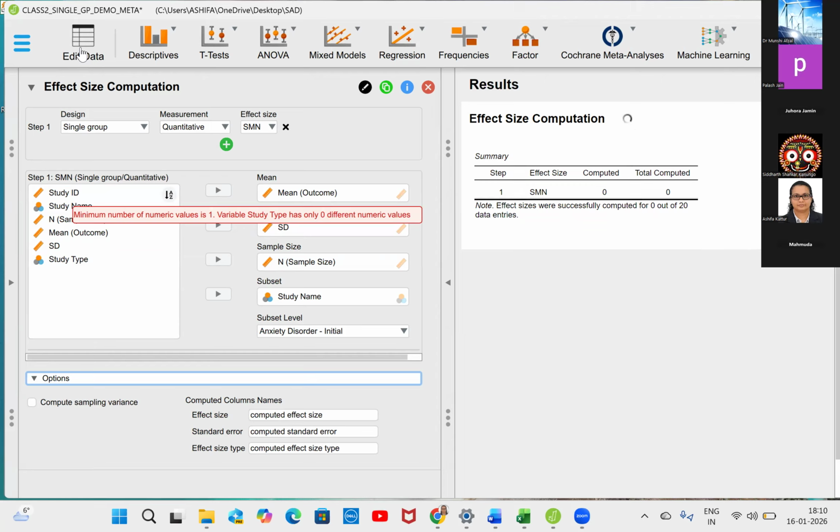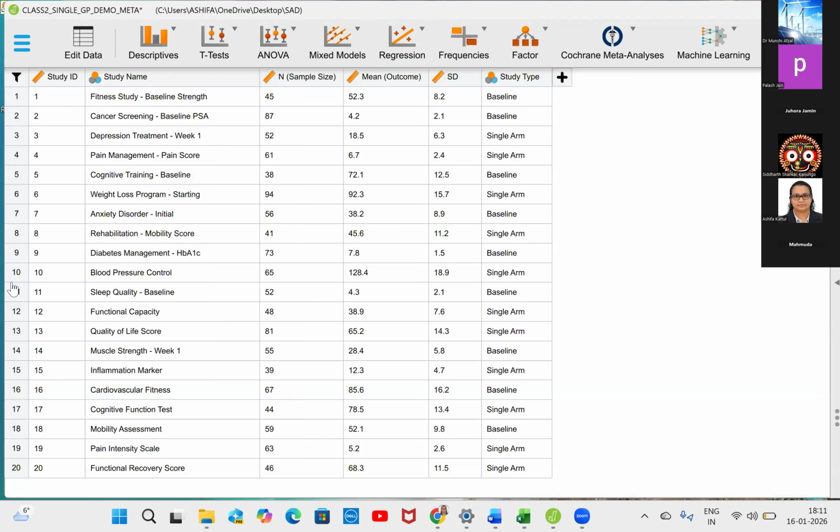Click the small arrow, the triangle, not up, in the left side. Yes, this one. Click this one, show the data. Now, in this case, you will see that there is a column calculated for the effect size.